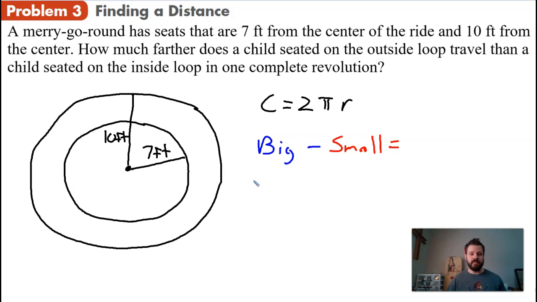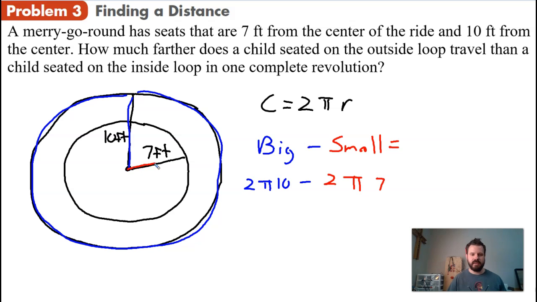For the big circle, I've got 2 times pi times 10. Because 10 is its radius, that's going to give me the circumference around that larger circle. And I'll subtract for the smaller circle 2 times pi times 7. Smaller circle has a radius of 7.